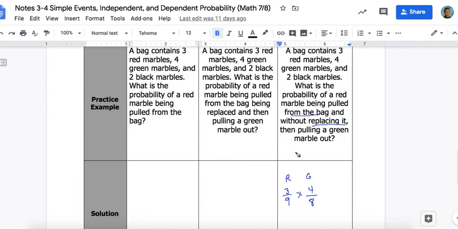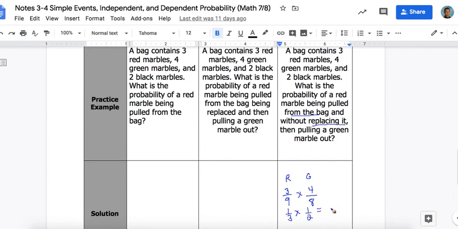Remember, simplify before you multiply, so we're going to look at cross-simplifying, and we cannot cross-simplify diagonally here. But I do notice I can simplify the fractions. So 3/9 I can divide top and bottom by 3, so that would give me 1/3. And 4/8 I could divide top and bottom by 4, and that would give me 1/2.